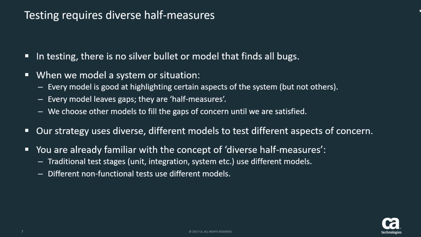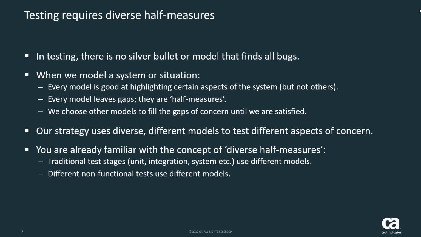Now, it's well known that in testing there's no single test design technique, there's no silver bullet, there's no single model that would help you to find all bugs in software. So when we model a system or situation, each model is good at highlighting different aspects. It might highlight the user interface and the navigation path through the user interface, but that same model would say nothing about the back-end processing.